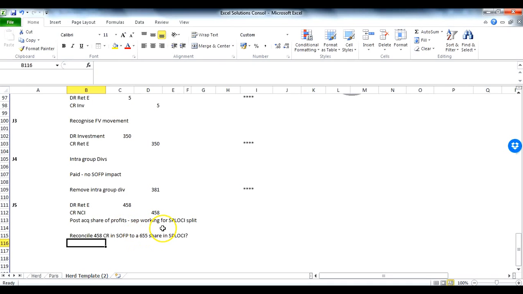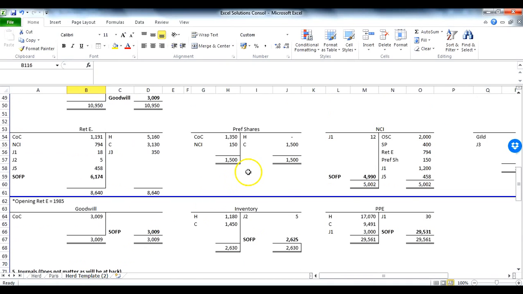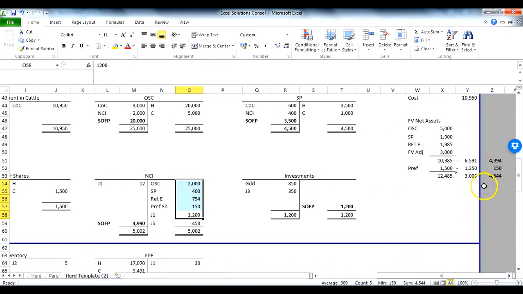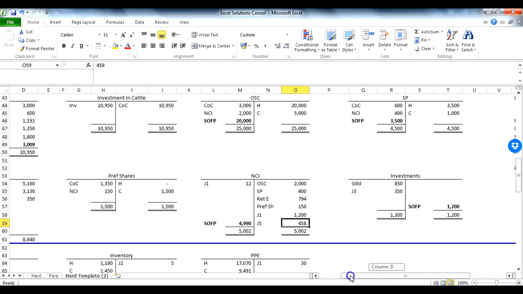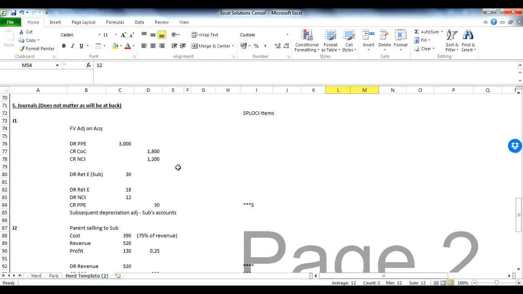And if we look in the T accounts, what we had in the T account here for NCI, all these entries were to do with the initial acquisition, 4554, which as we did over here, is how we get there. So the only two adjustments we made in the accounts were a 458 credit and a debit of 12 for the 30 adjustment for the unrealized profit.